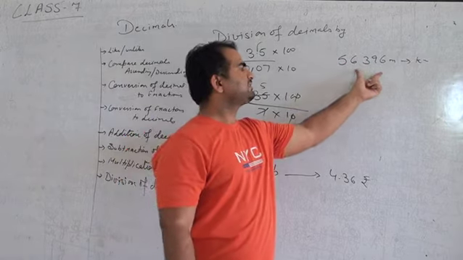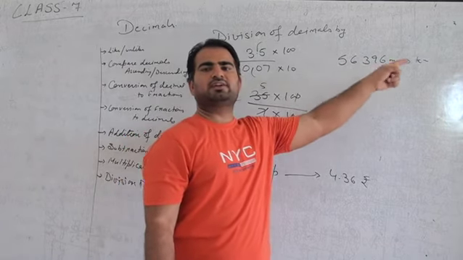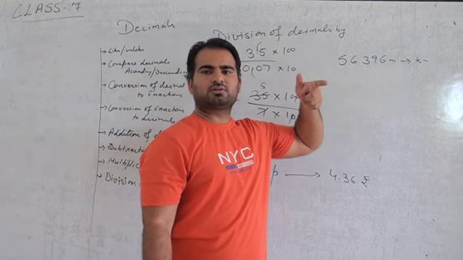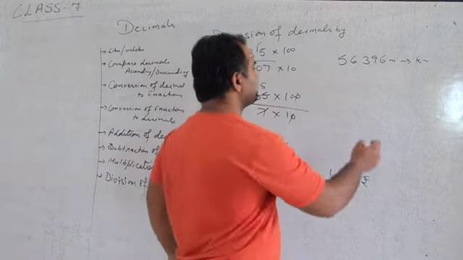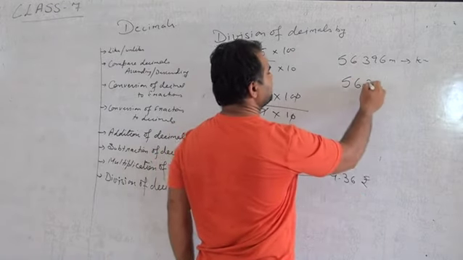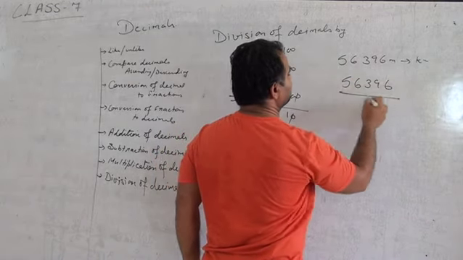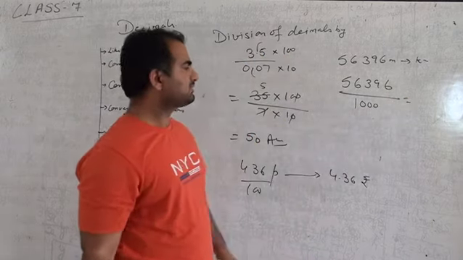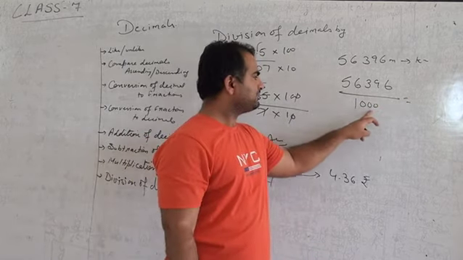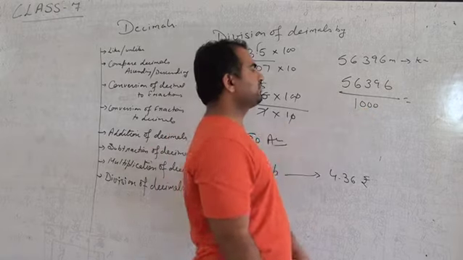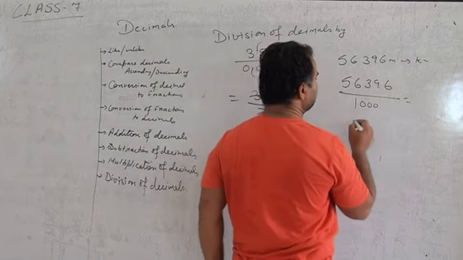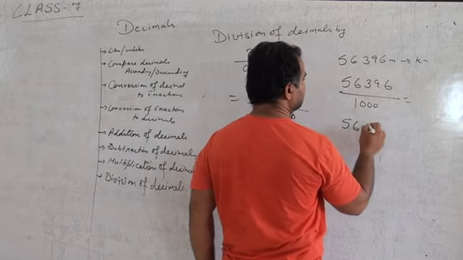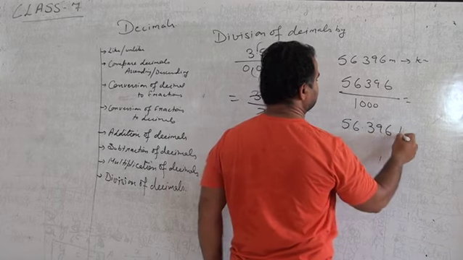Then we divide this by 1000 and we get the answer in kilometers. When we divide 56396 by 1000, we place the decimal after how many zeros? 3. Then we place the decimal by 3 digits. So it will be 56.396 kilometers.